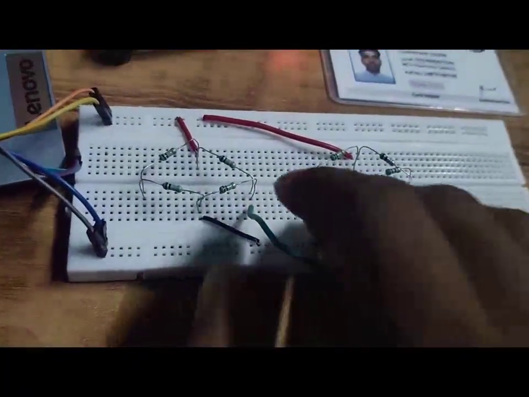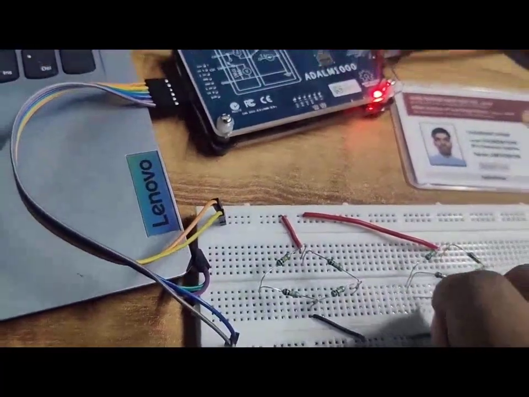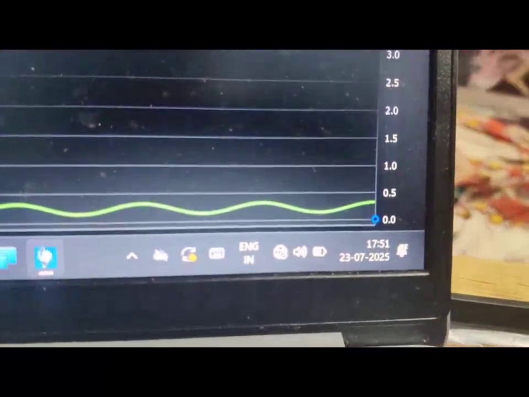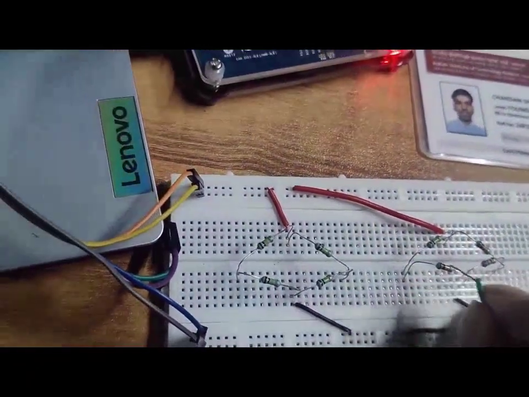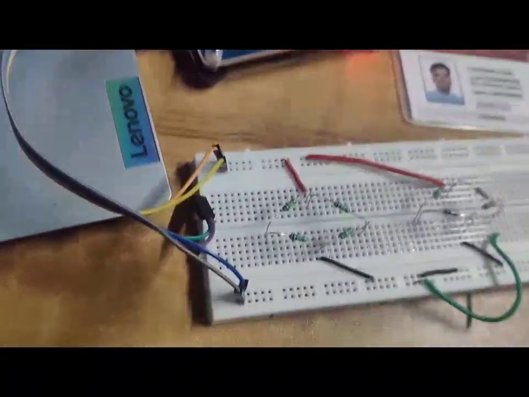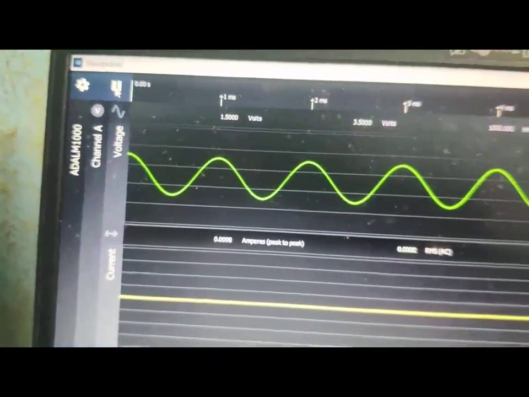Now we are moving to the second Wheatstone bridge at node A. At node A, 2.5 plus 1 sin omega t voltage, we are getting 0.14 to 0.35 around. Now at node B we are getting the same.